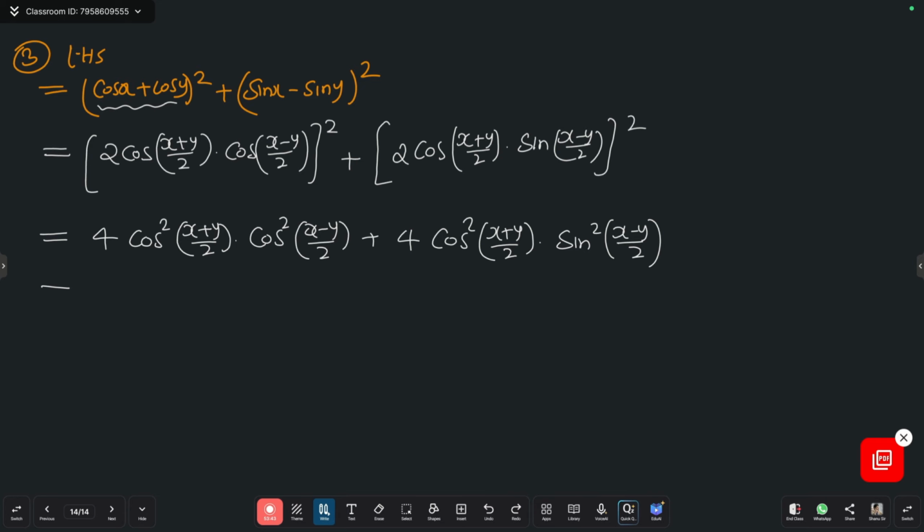What next? 4 common and cos square x plus y upon 2 common, bracket cos square x minus y by 2 plus sin square.